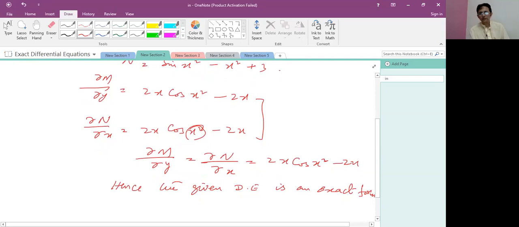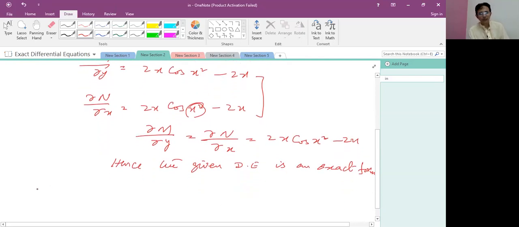So after that, we will integrate m dx in the first step, with respect to x only.